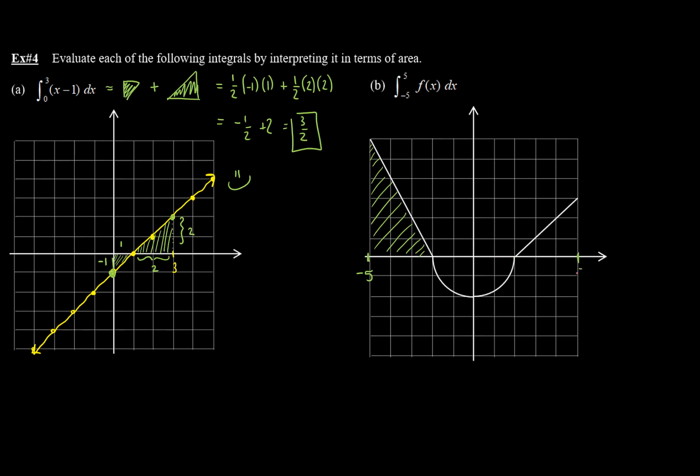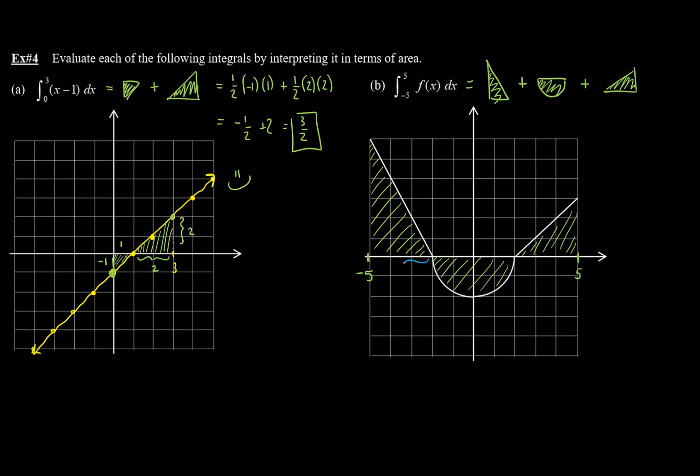So then I'm finding this area under the curve, and then this area under the curve. So I'm finding this bigger triangle plus the area of half a circle plus the area of this smaller triangle, right? Okay, so let's label the side lengths so we can do some mathematics with it.